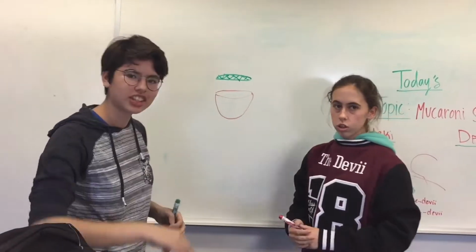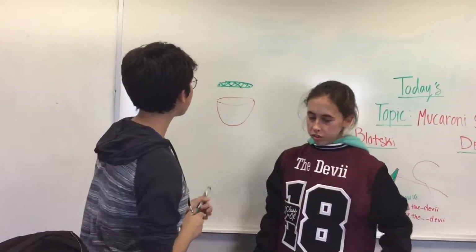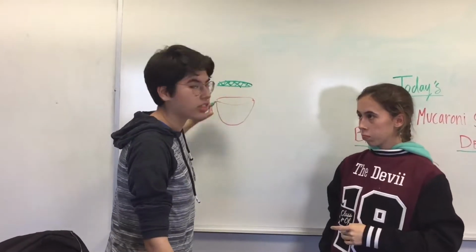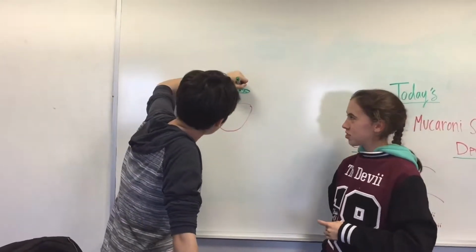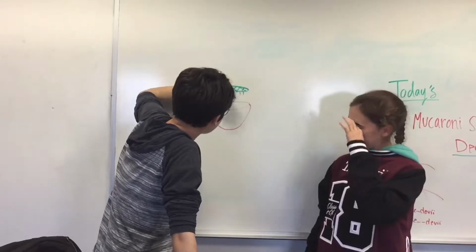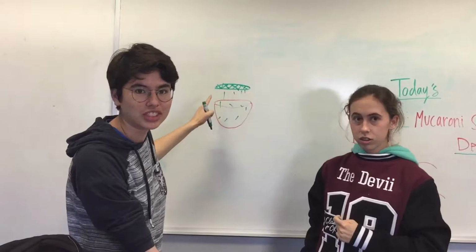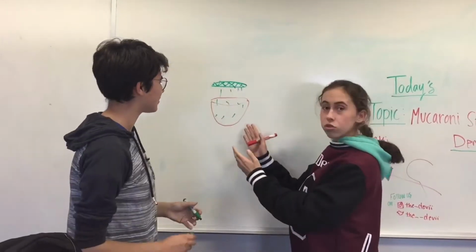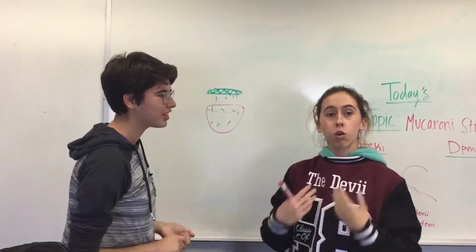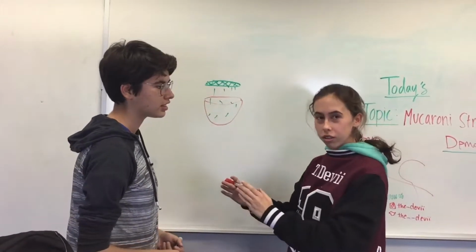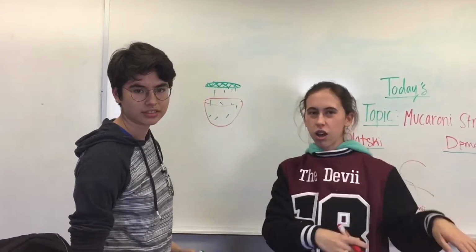They're small, and this is where our weather is generated. So the raindrops go into the earth from the macaroni strainer. The raindrops collect, and that's how we get our oceans. That's why we have a lot of oceans in one part, and that's why we have land on the other part.